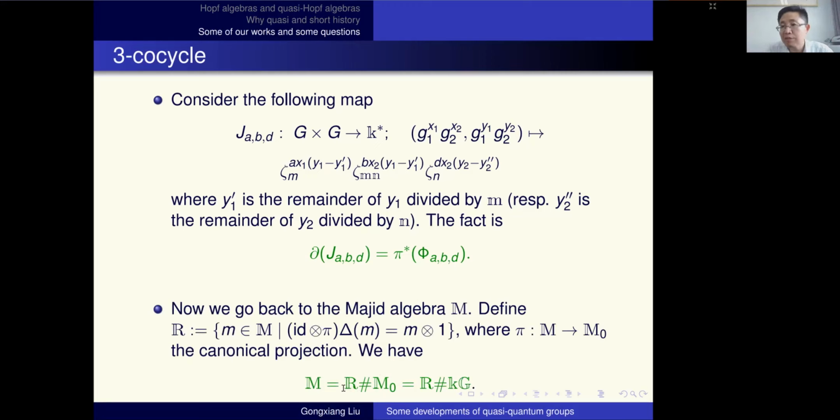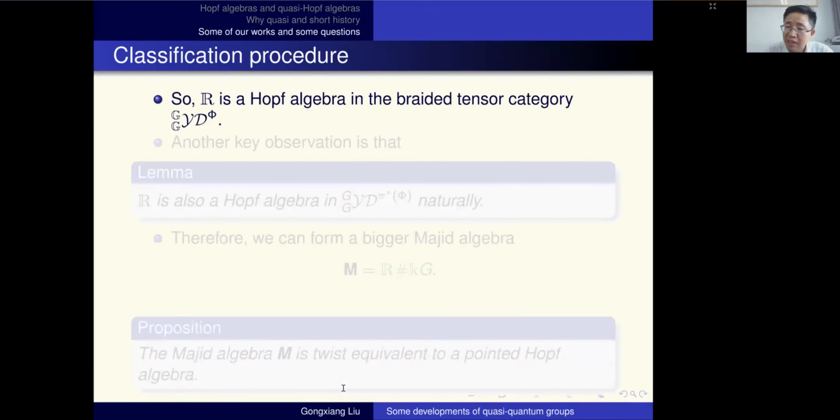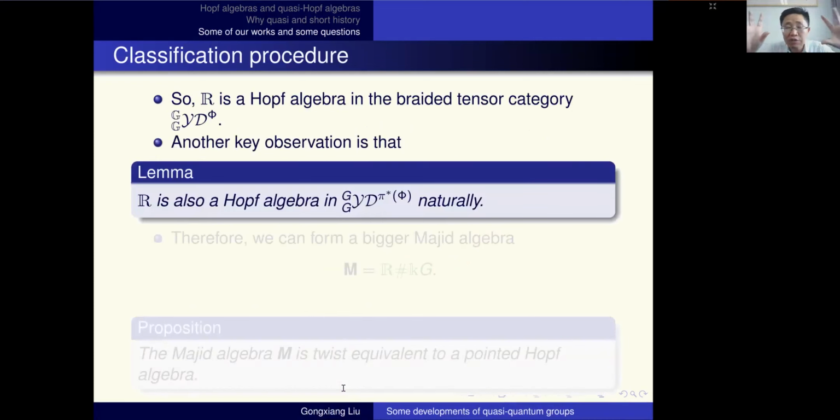So next, we need to consider the Nichols algebra part R. Also, another point is we prove that R is not only a Hopf algebra in the original category of yetter-trivial modules, but also in this bigger group, the category of yetter-trivial modules.